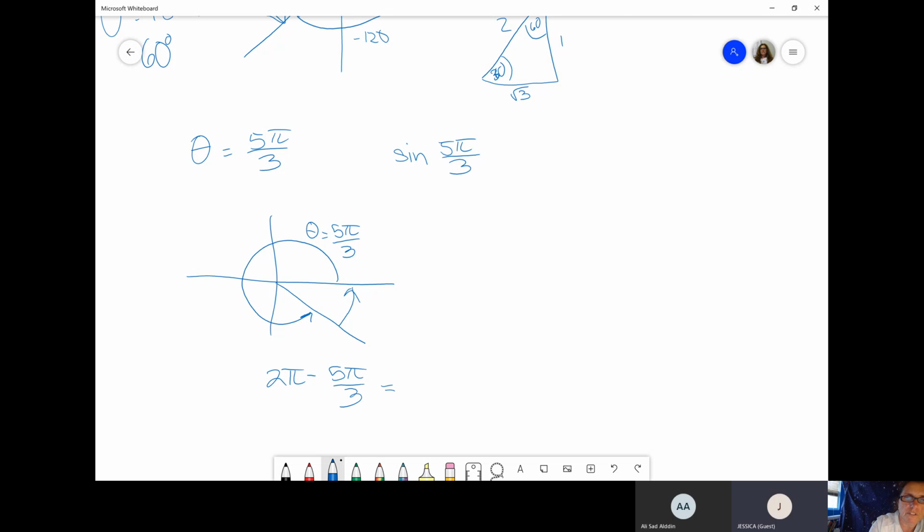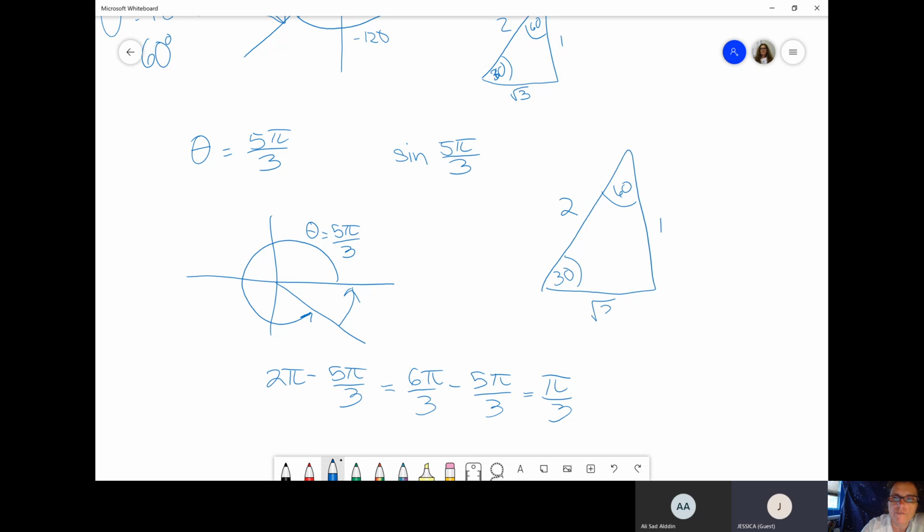With the same denominator, it is 6 pi over 3 minus 5 pi over 3, which again is pi over 3. Pi over 3, if I want to change it to degrees, is 60 degrees again. Make my triangle: 30, 60, 1, 2, 3. If you go around counterclockwise, you start with 1, 2, and 3.